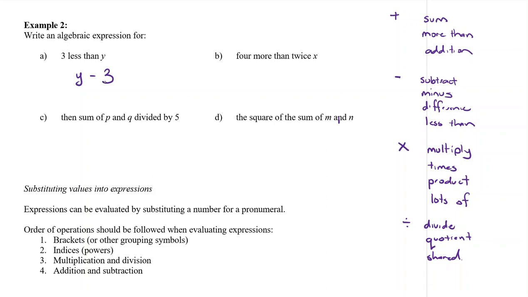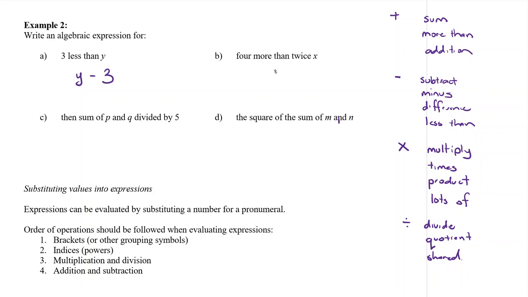Okay, question B, 4 more than twice x. Now, we didn't talk about the twice. It is another type of times, but it doesn't say we could do a whole bunch of. It depends on the question as to what we're times-ing by. So when it says twice x, that's going to be 2x.